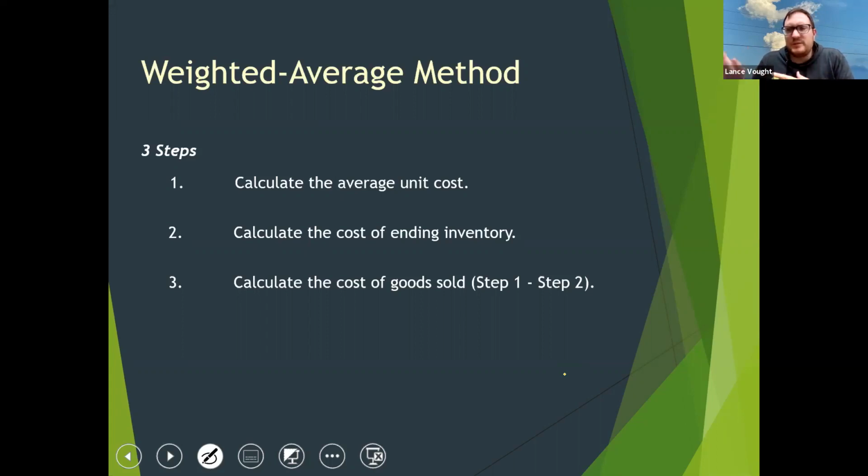Instead of determining, okay, well, these ones cost us 13 and these ones cost us 11, we can just take an average of the total units and the total cost, and then use that, basically just multiply that times the number of units you have at the end of the year, and that gives you your cost of inventory. Subtract that from the cost of goods sold, or from the total cost, and you have your cost of goods sold.